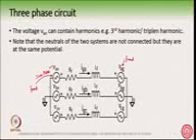If I add certain harmonics here, these harmonics can be 3rd, can be 9th or something like that, different types of triplet harmonics. Then we go into something like SVPWM.